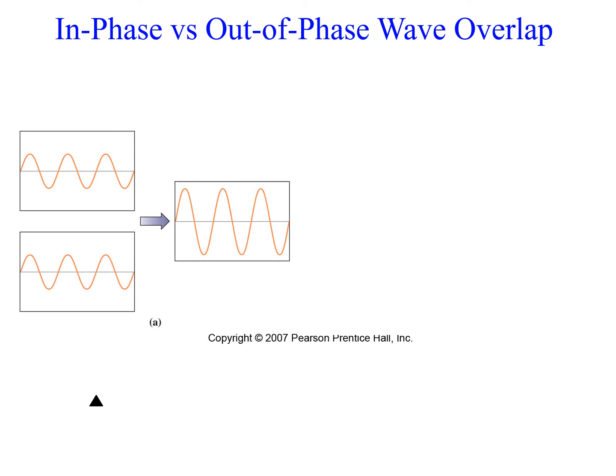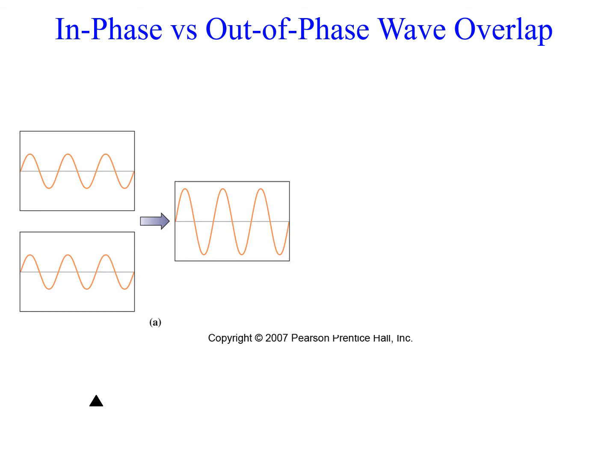So let's talk about phase and overlap. When two sinusoidal waves are of the same frequency and the same wavelength, and we add those waves together, we get a doubling of the amplitude in the troughs and the peaks.